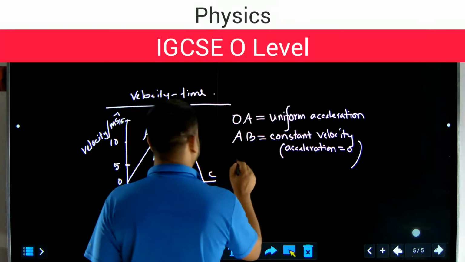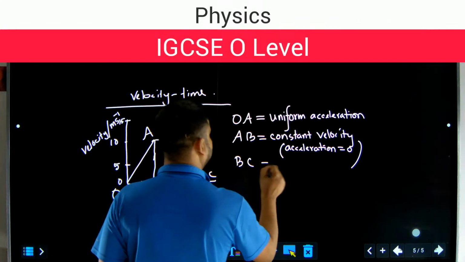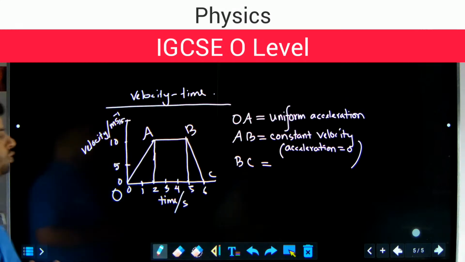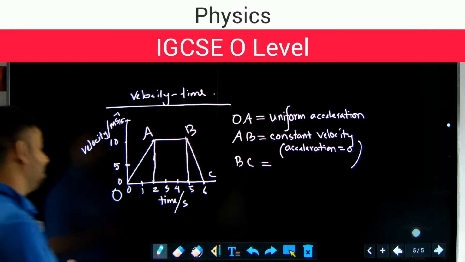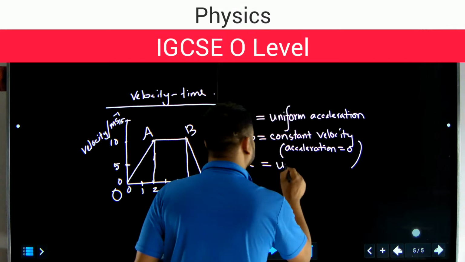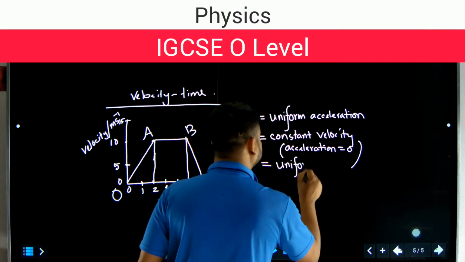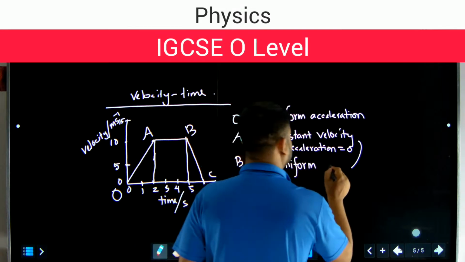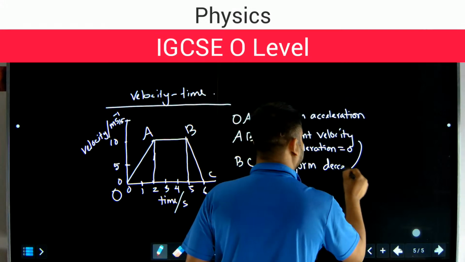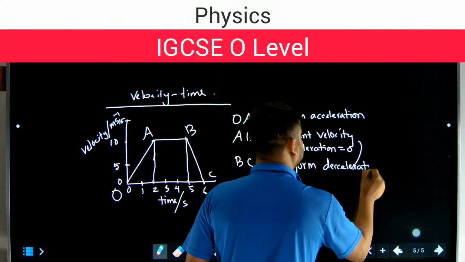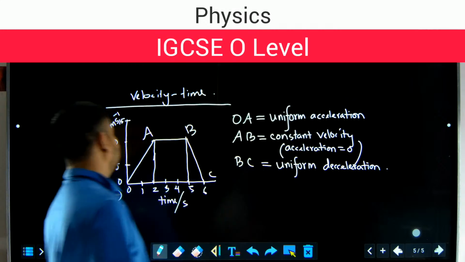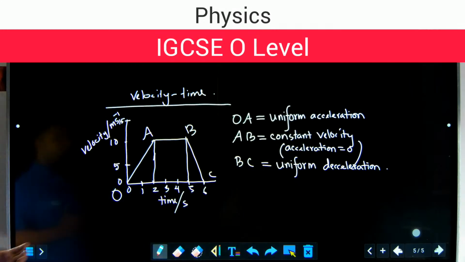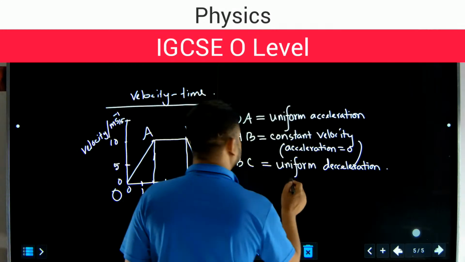And in the BC part, it is uniform or constant deceleration. Because if we calculate, the gradient is negative.